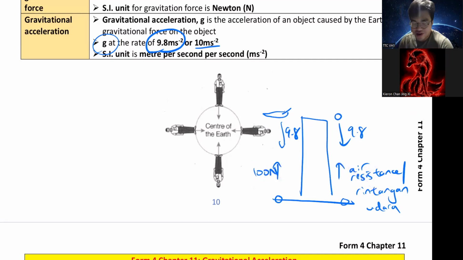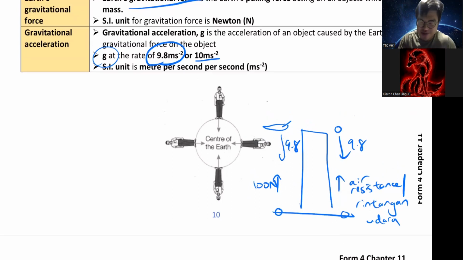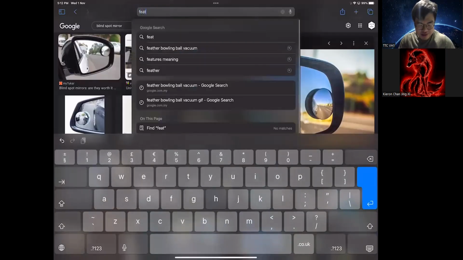If there is no air resistance, they have the same G, they should reach the ground the same time. Am I making sense? Yes, you use a vacuum chamber. That's correct. Very smart.